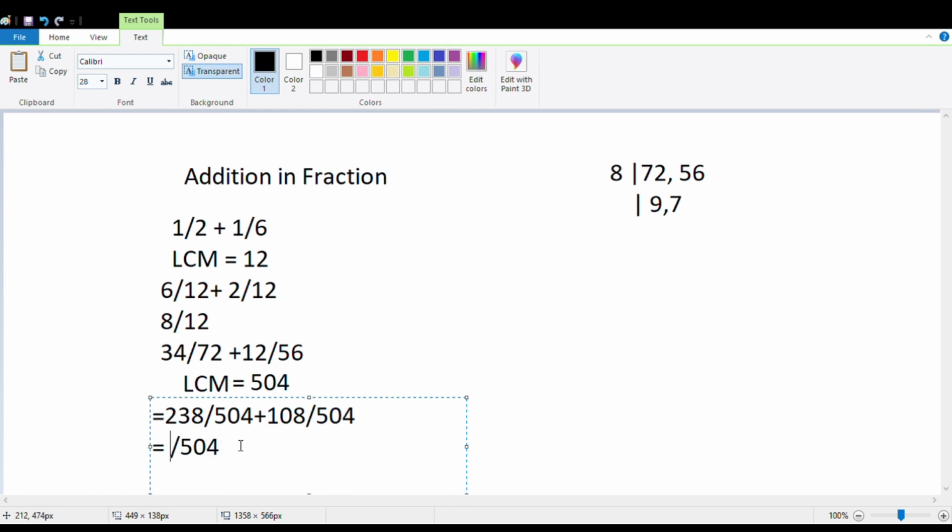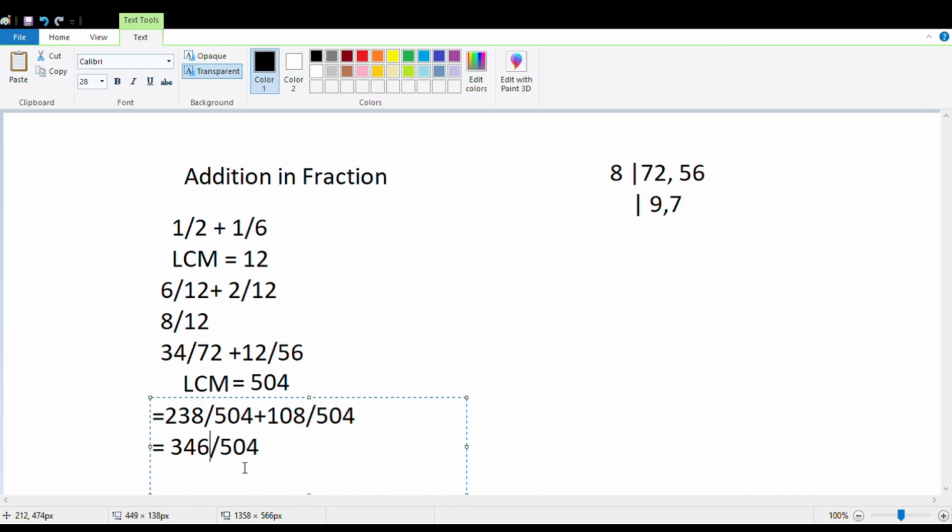The numerator will be the sum of 238 and 108, which equals 346. So 346 out of 504. So this is how we do addition of fractions with unlike denominators.